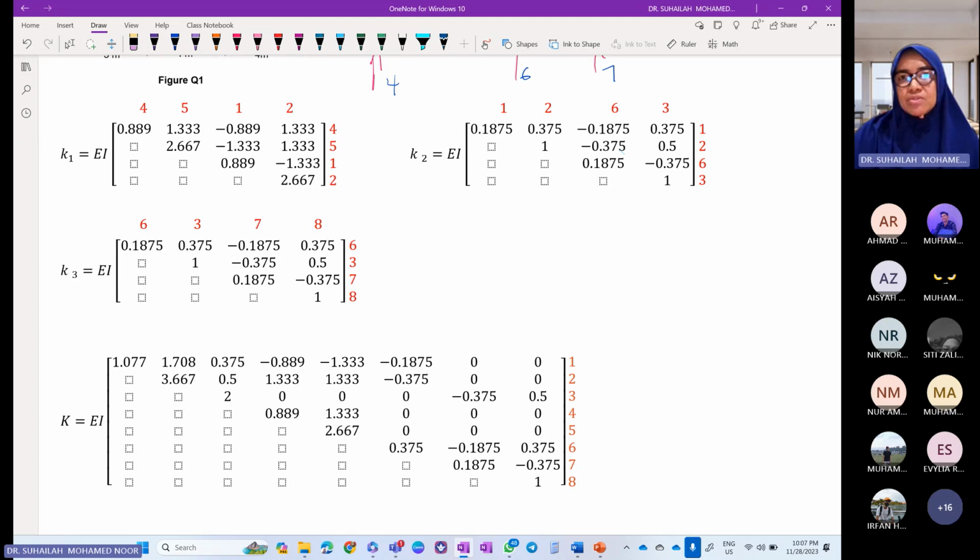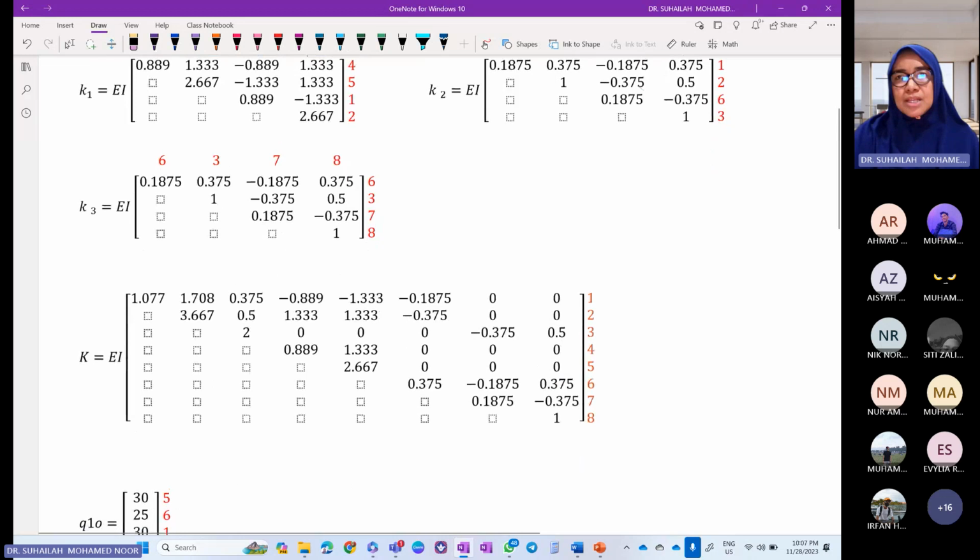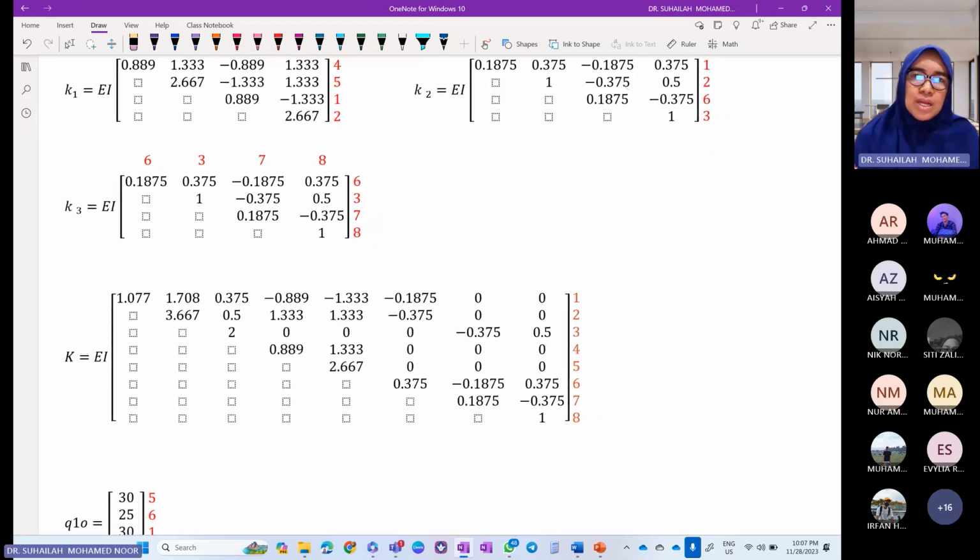After that we combine to have the structure stiffness matrix. The structure stiffness matrix is 8 by 8. That is why, in the introduction previously, the concept of stiffness method, when we want to establish the K value, what we have to do is divide the structure into elements. Why? Because we can only get the K value for the beam from element stiffness matrices.